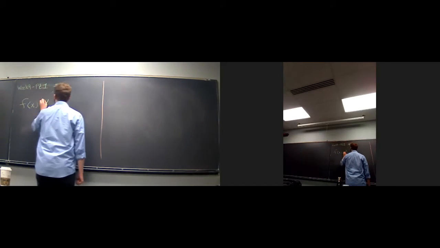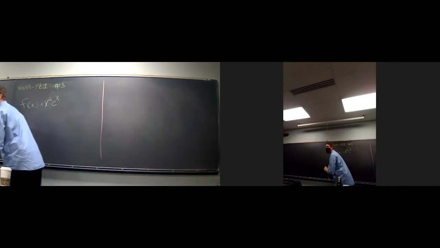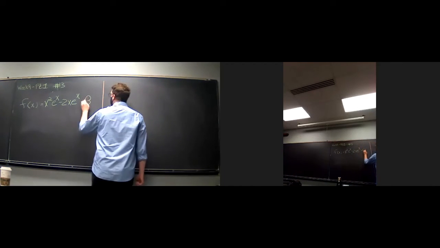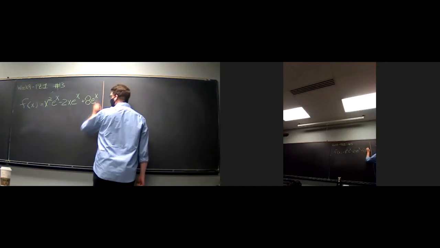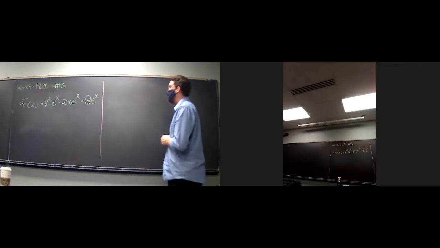Our function is equal to x squared e to the x minus 2x e to the x plus 8 e to the x. All right, so we want to find the derivative of this.